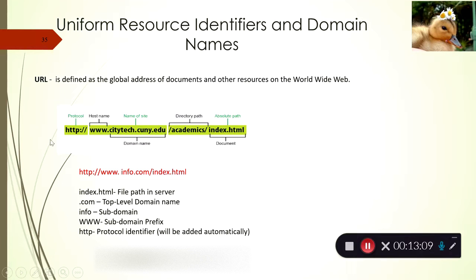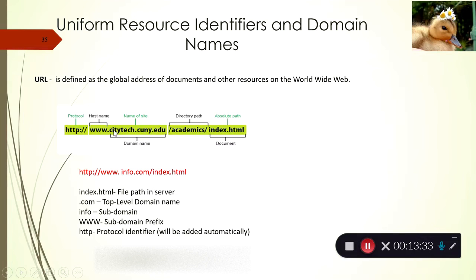Okay, so what are the components in the URL? So first thing is protocol, which is the protocol by which the transmission is happening. HTTP, HTTPS, FTP, all the protocol information should be there. And this is the World Wide Web, that is the host name, everything is under the same host, so www.